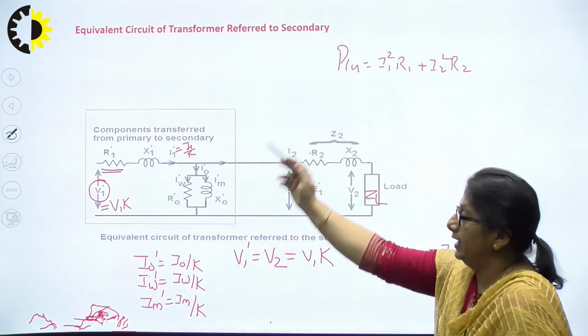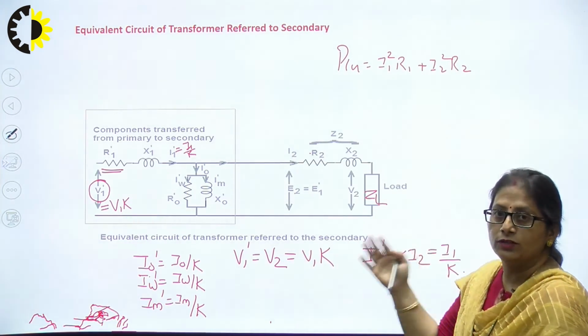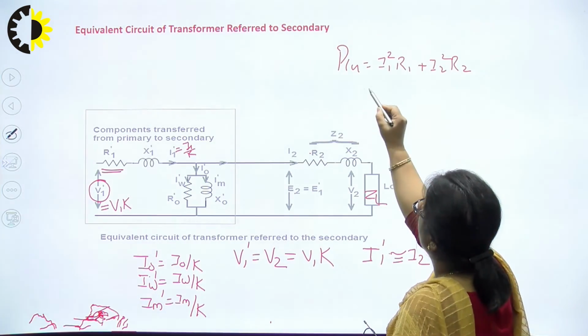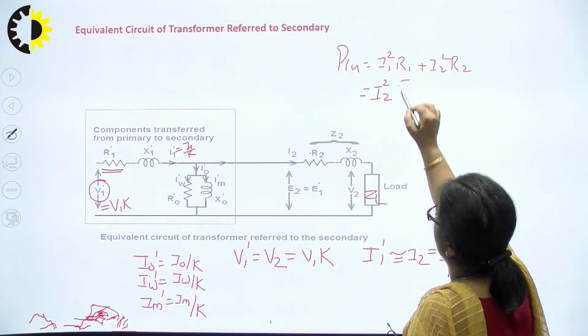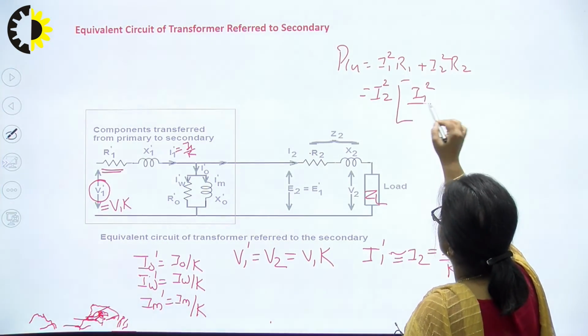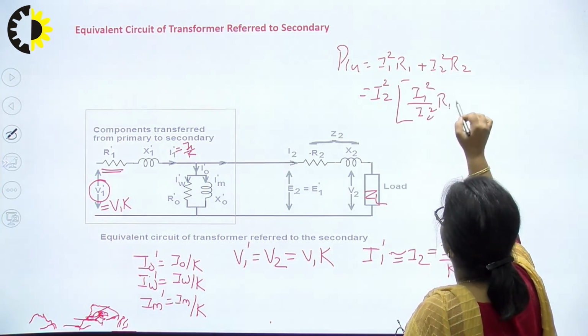Now if this is referred towards the secondary side, the current flowing is I2, so I'll take I2 square as common: I2 square into R1 plus R2.